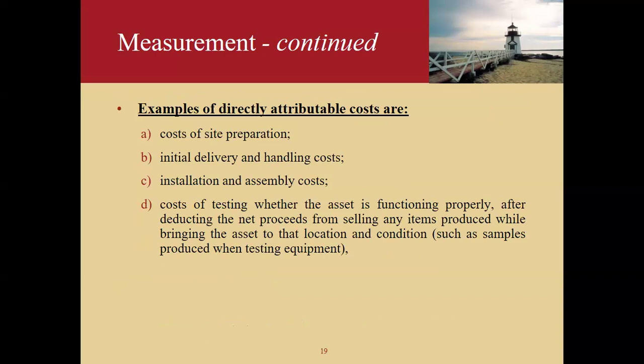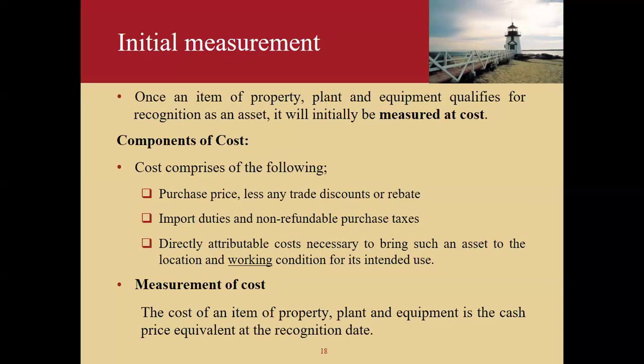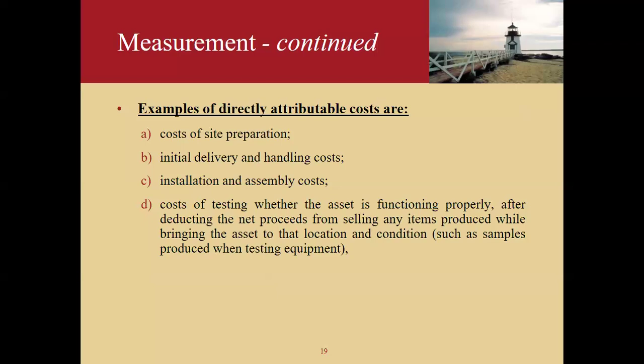So let's look at examples of directly attributable costs. Number one, costs of site preparation. Maybe there is this machinery you're bringing in and you have to prepare the place where you're going to place it.